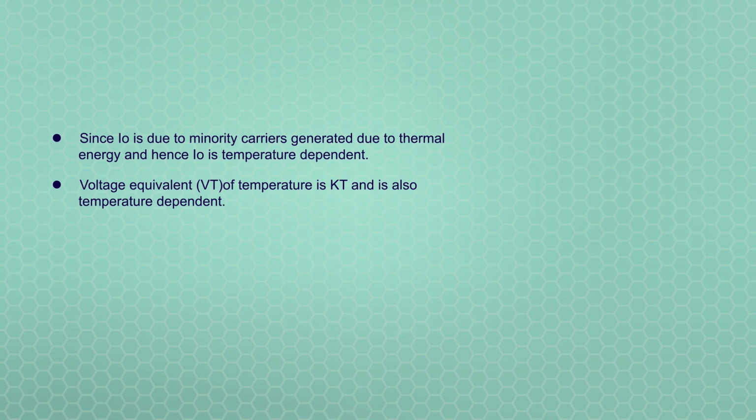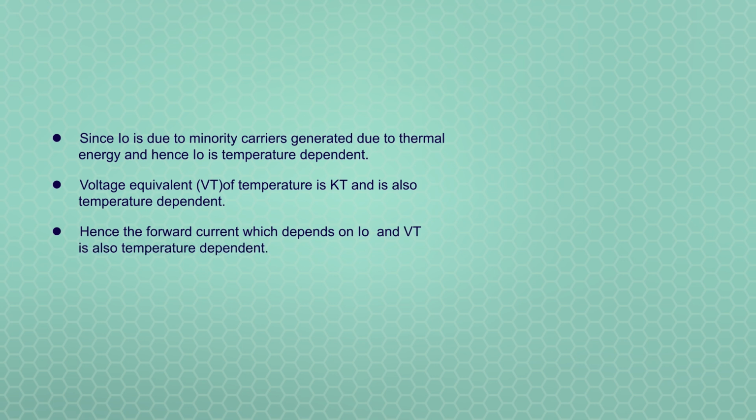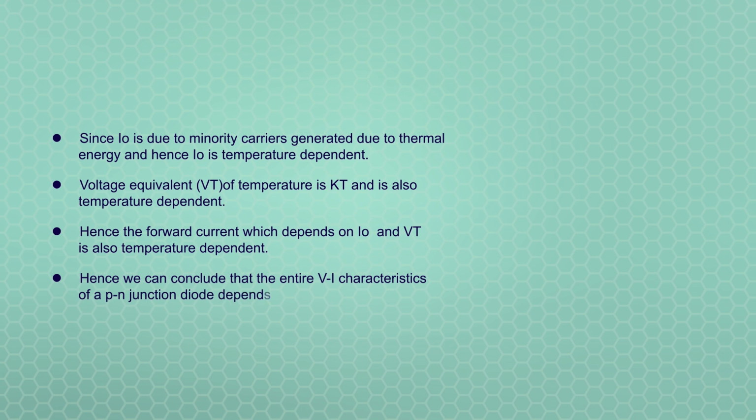It is also a temperature dependent term. Hence, we can conclude that the forward current, which depends on I naught and Vt, is also a temperature dependent term, that is the current flowing through the diode, the forward current I, is also temperature dependent. Hence, we can conclude that the entire VI characteristics of a PN junction diode depend on the temperature.